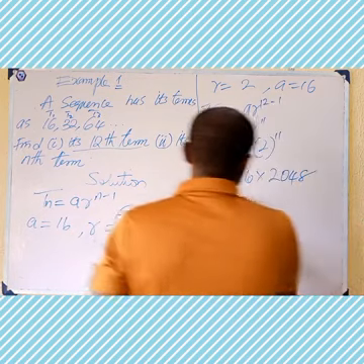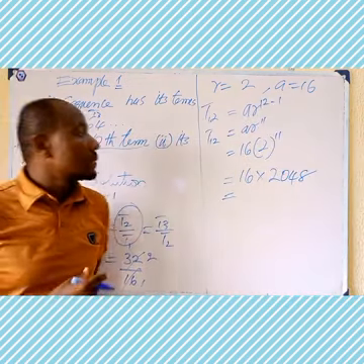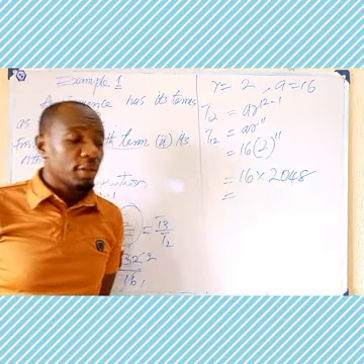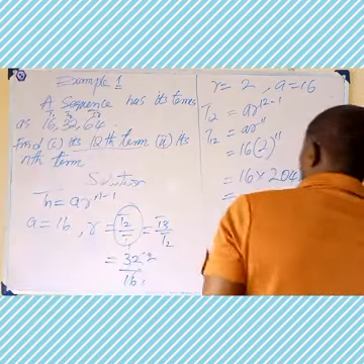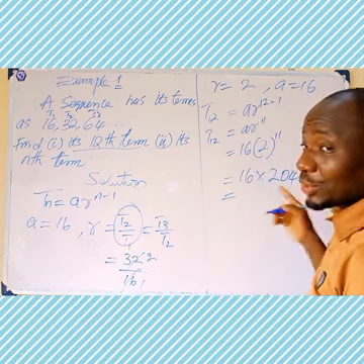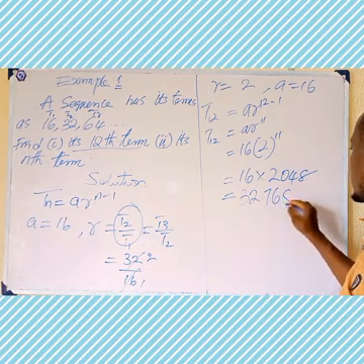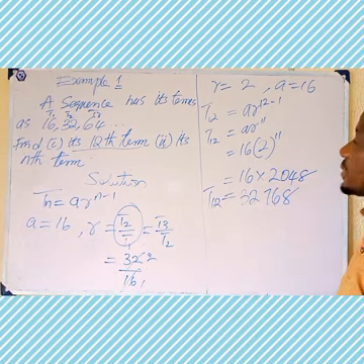So we look at it again. 16 multiplied by 2048. That will give us 32768. So this is our 12th term.